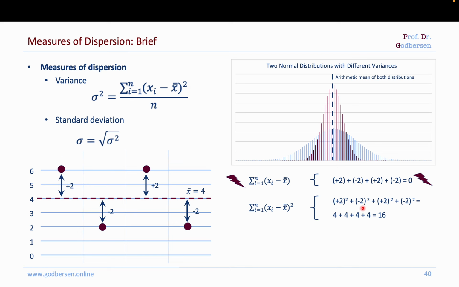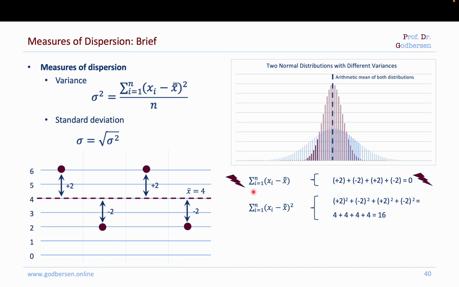Minus 2 squared, minus 2 times minus 2, minus times minus is plus, so we have 4. 2 squared again 4, and again minus 2 times minus 2 is 4. So we come up with 16. And this expression is the numerator of the equation of the variance.